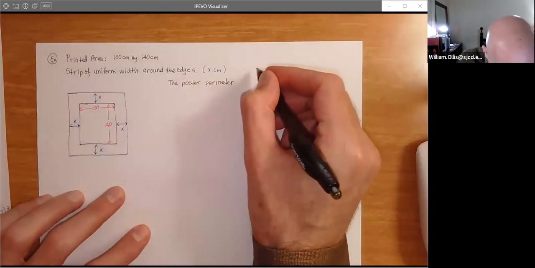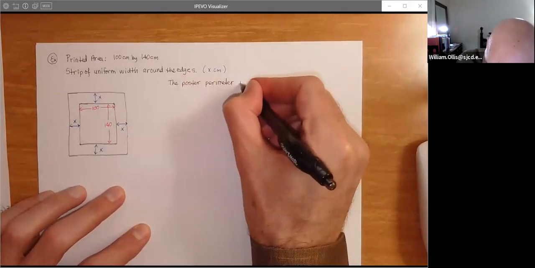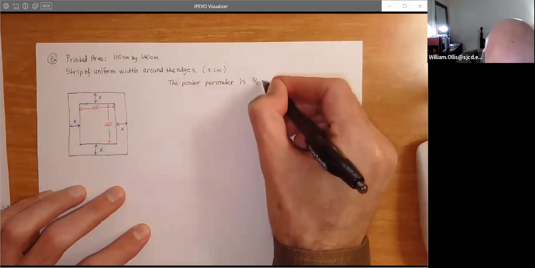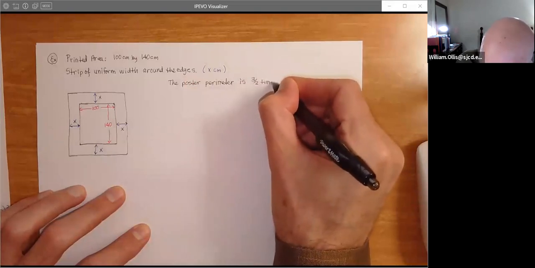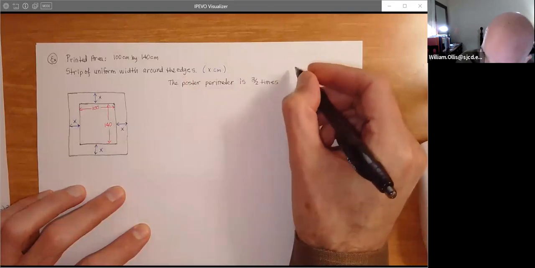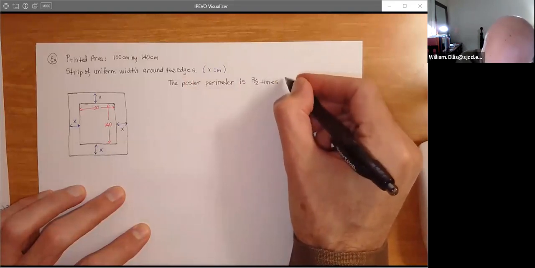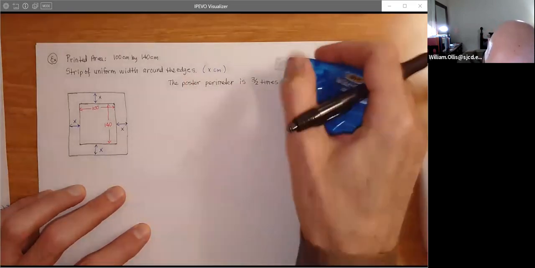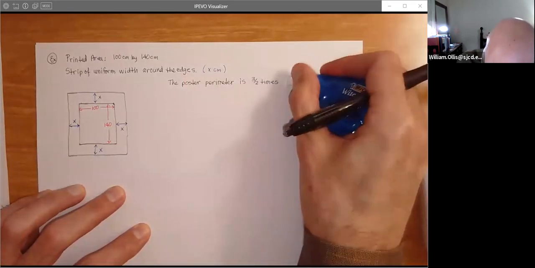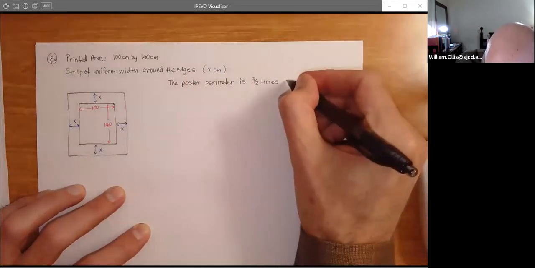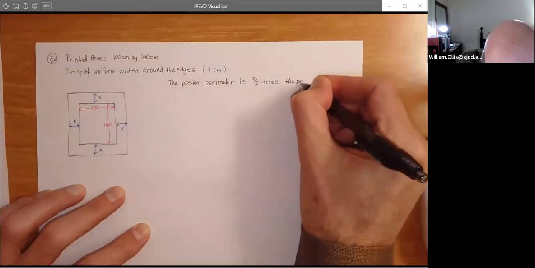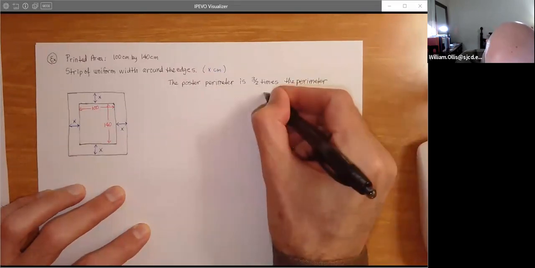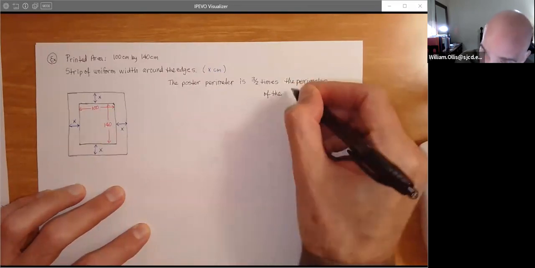The poster perimeter is 3/2 times the perimeter of the printed area.